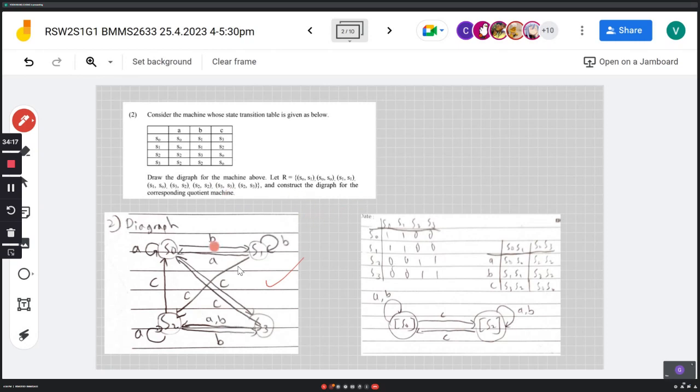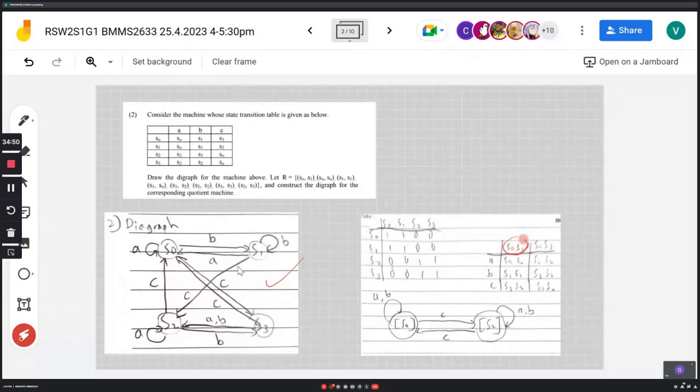And construct the diagram for the corresponding quotient machine. This one is also like number 3 just now: you can form the relation given here in the matrix. From this relation you can form this. And from here, you can see the 0 and 1 in one group, 2 and 3 in one group, right?